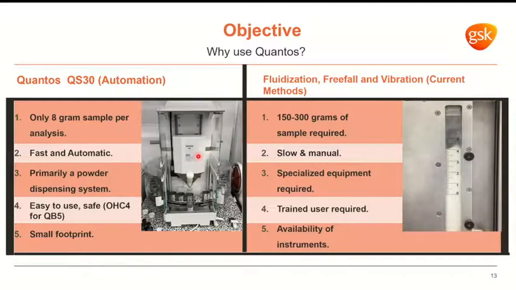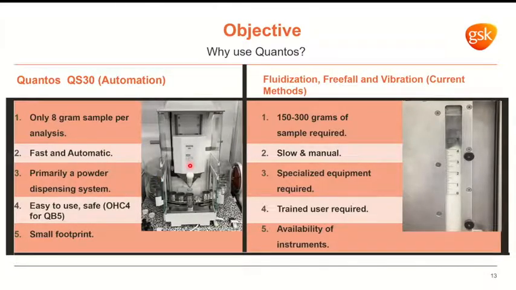It's much quicker and much faster, whereas the other methods are slow and manual, so they require much more human labor, and the new system that I have developed can save a lot of manpower.